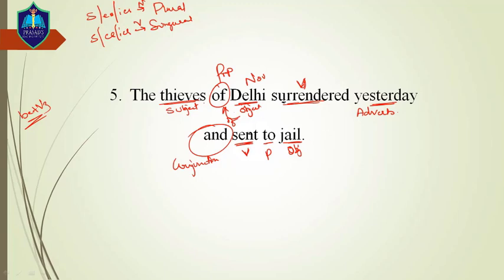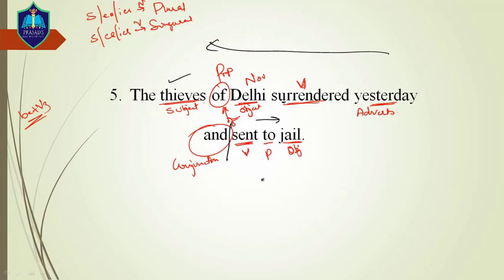But here again we have the same problem. What is that? See, before the conjunction, that is, the thieves of Delhi surrendered yesterday, the doer is the thieves, right? But after the conjunction, sent to jail is there.